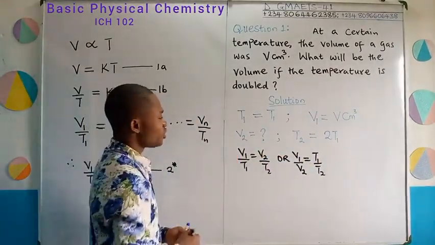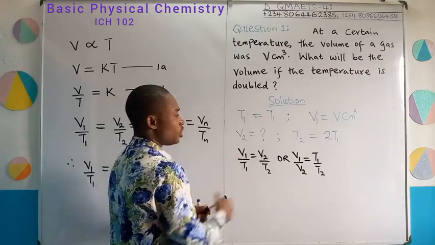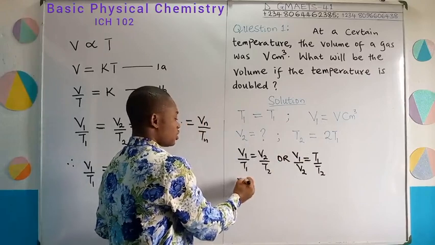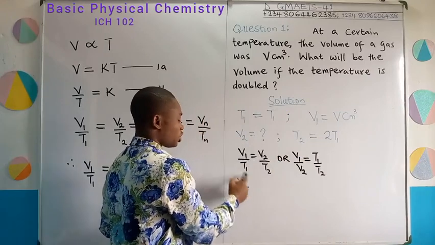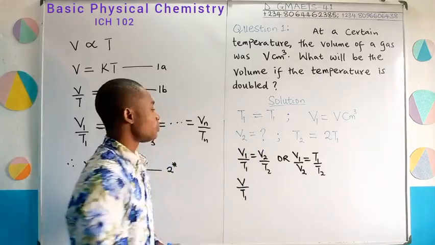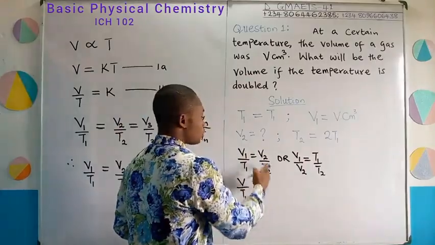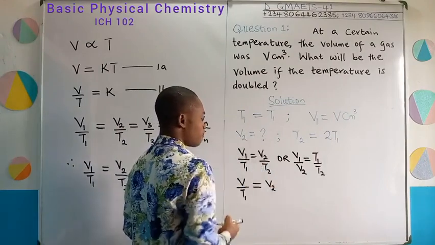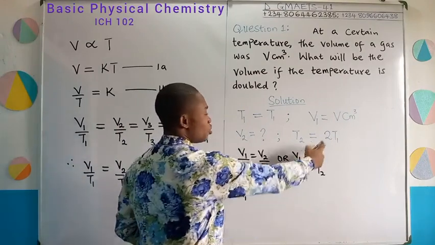Let us substitute into this equation and see. Our initial volume from the question is V cubic centimeter, so simply V, and we are going to divide it by initial temperature T1, because we are told a certain temperature. That is going to be equal to V2, the final volume we don't know, so we leave it as V2, divided by T2.